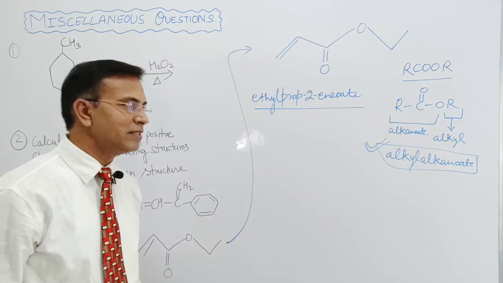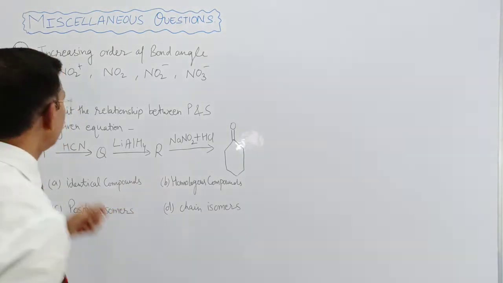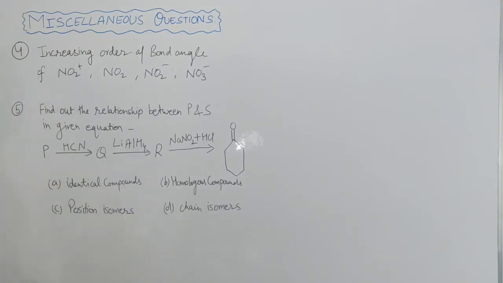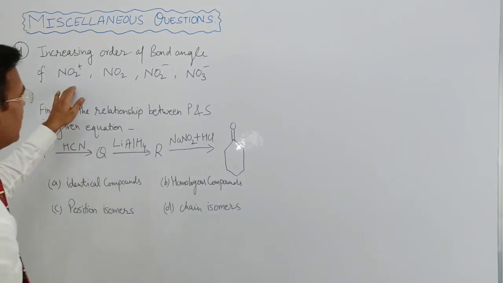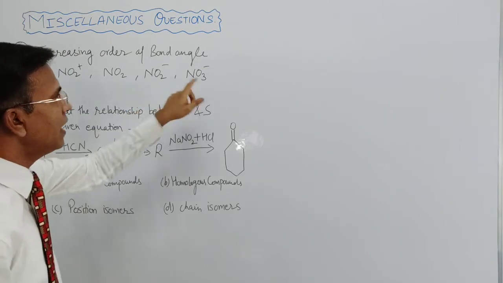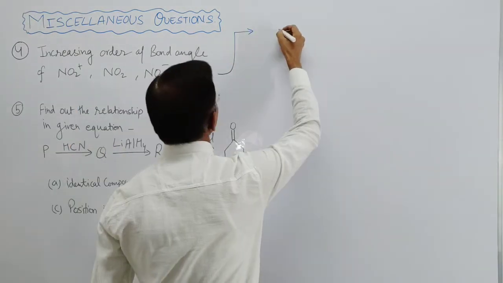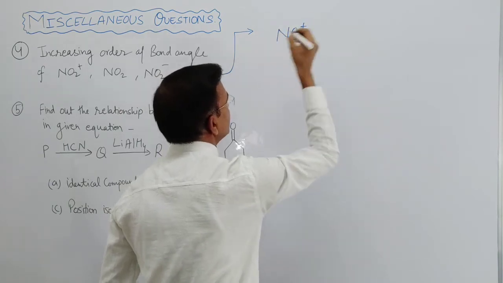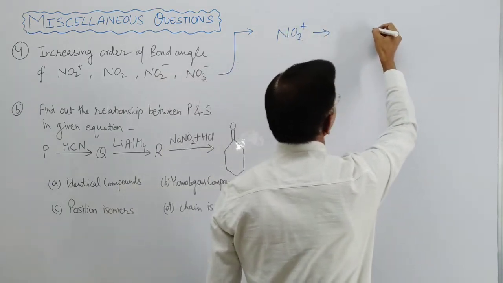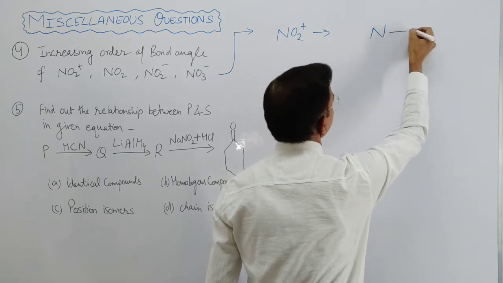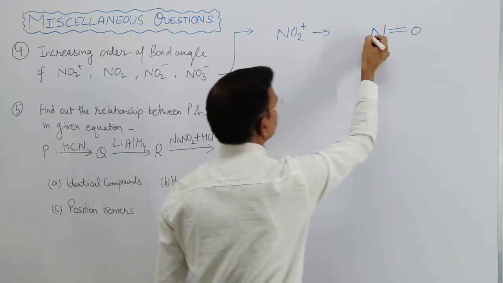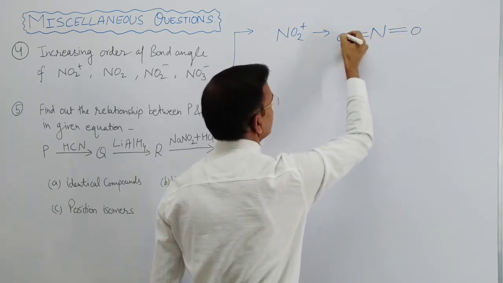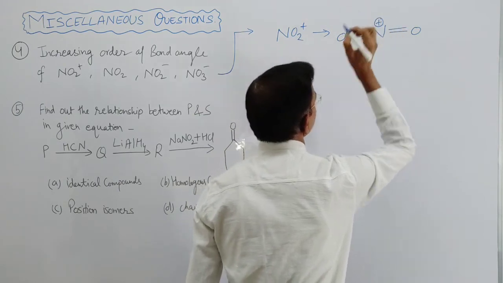Got it? So here is the fourth question. The fourth question is the increasing order of bond angle of NO2 positive, NO2, NO2 negative, and NO3 negative. NO2 positive is O, N, O with a positive charge.